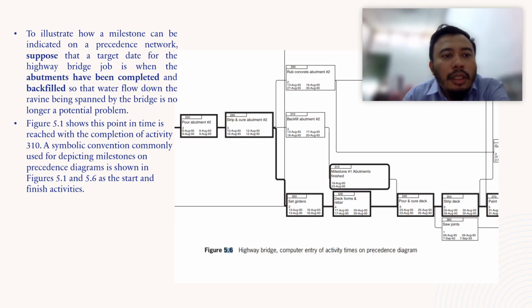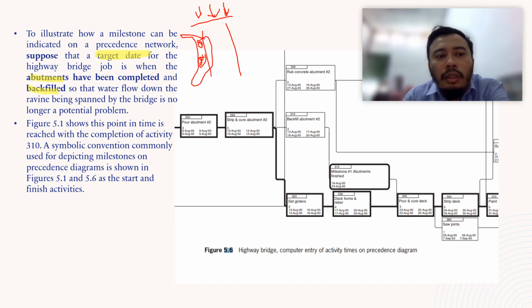As you can see here, to illustrate how a milestone can be indicated on a precedence network, suppose that the target date for a highway bridge job is when the abutments have been completed and backfilled, so that the water flowing down the ravine being spanned by the bridge is no longer a potential problem. In this project, you have a river and ravine here, so you block or divert the flowing water because you want to do your piling work and then the abutment and abutment wing wall.